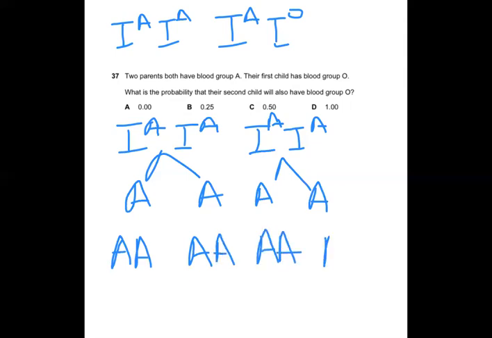So this is not a possibility, because their first child had blood group O. Now we'll take one homozygous dominant parent and the other heterozygous parent.